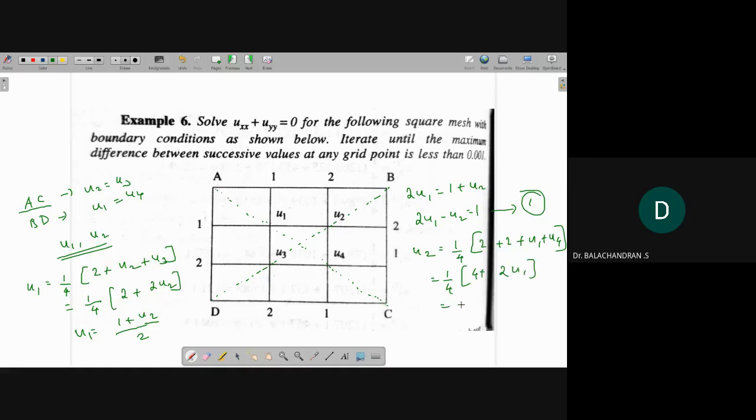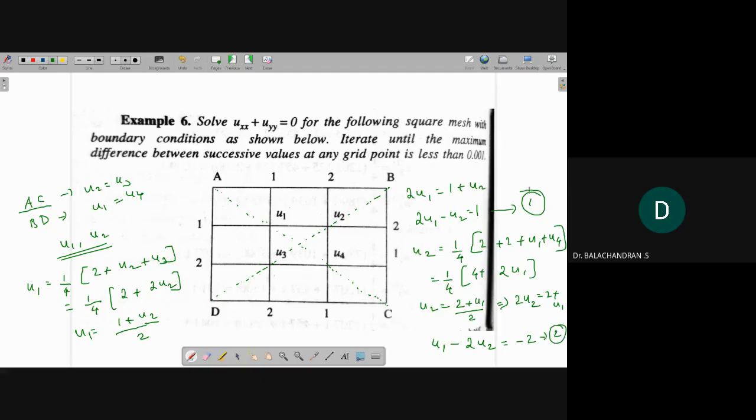Take 2 commonly and cancel out. So 2 plus u1 divided by 2 equal to u2. So 2u2 equal to 2 plus u1, or u1 minus 2u2 equal to minus 2. So this is equation 2.